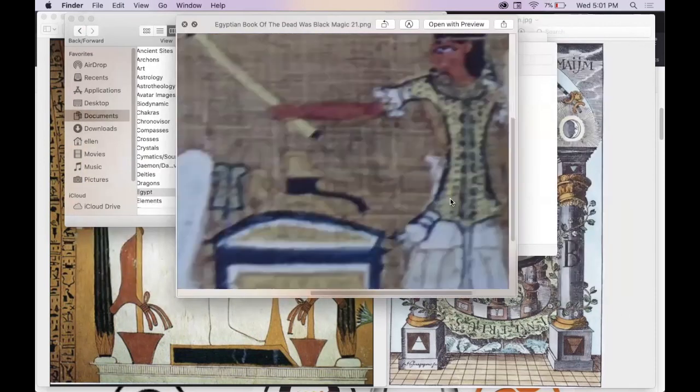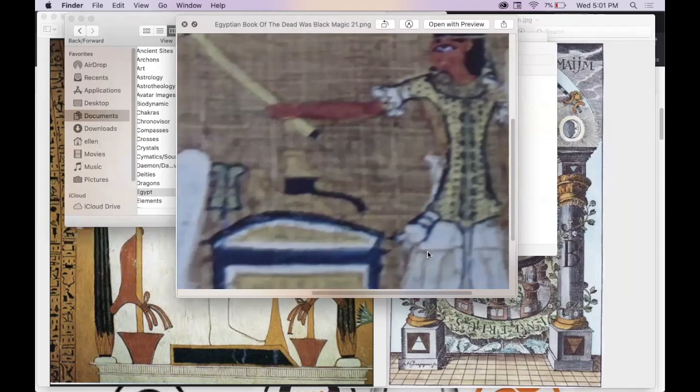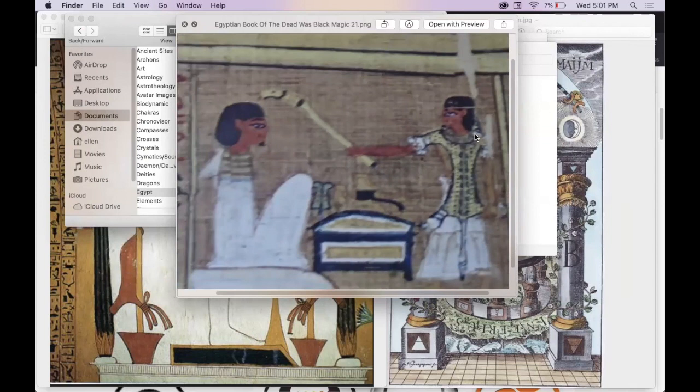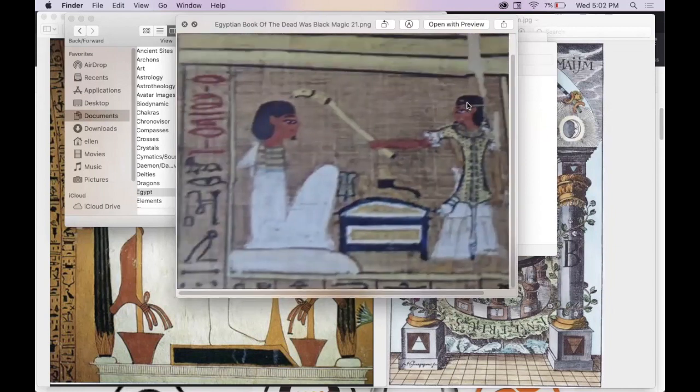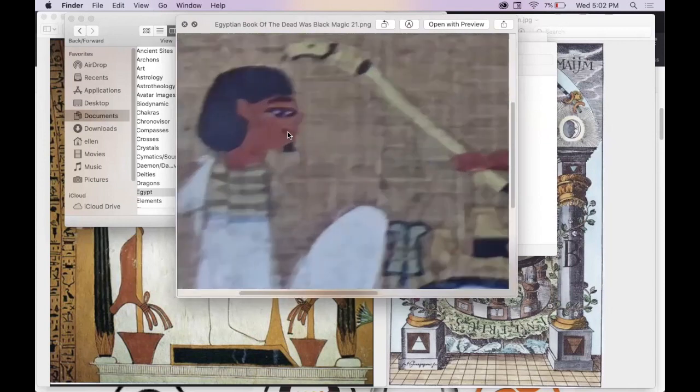Now, this guy is a priest. It looks like he's wearing the pelt of a leopard or some sort of cat, because it's got a tail and it's got the little four legs. And he's performing a ritual on this person who seems quite happy about it.